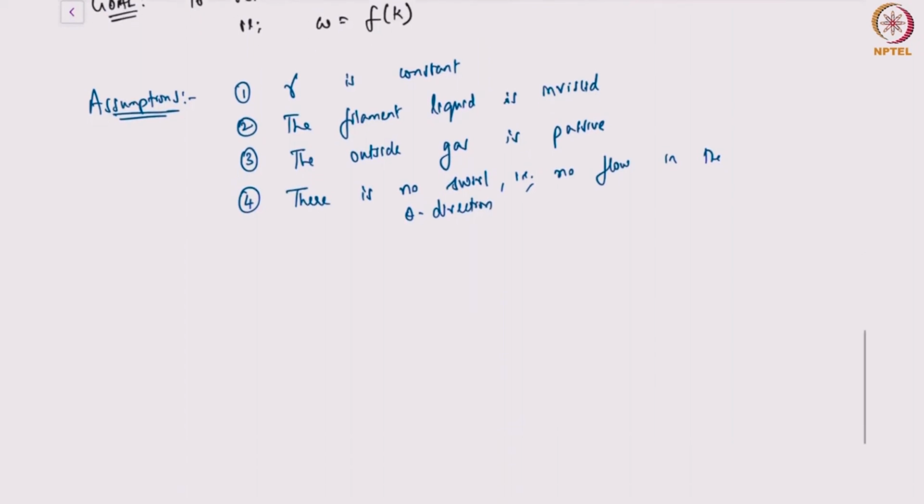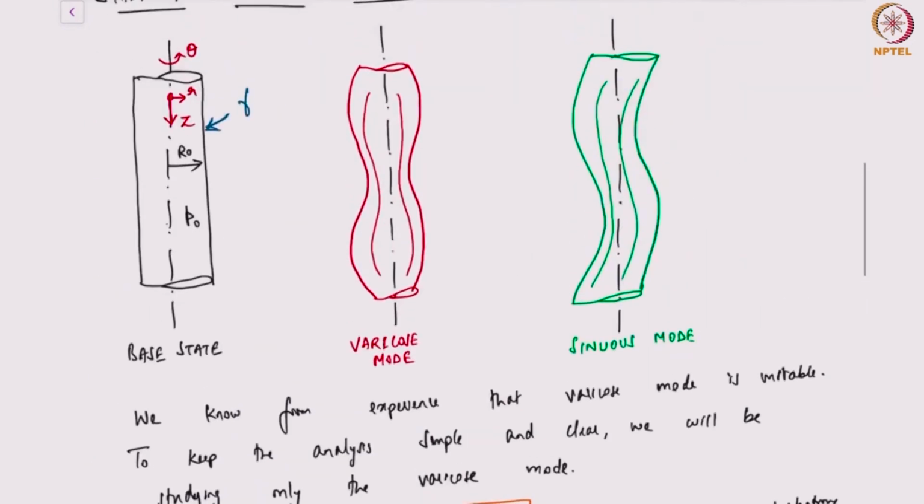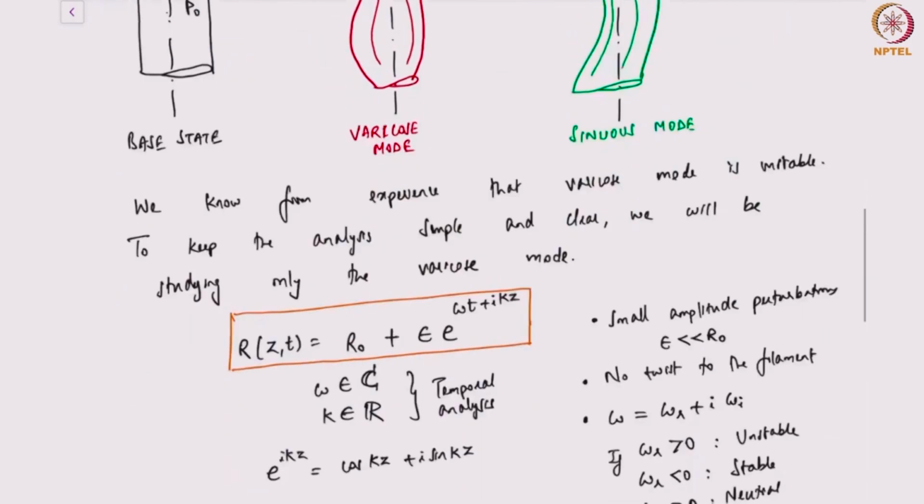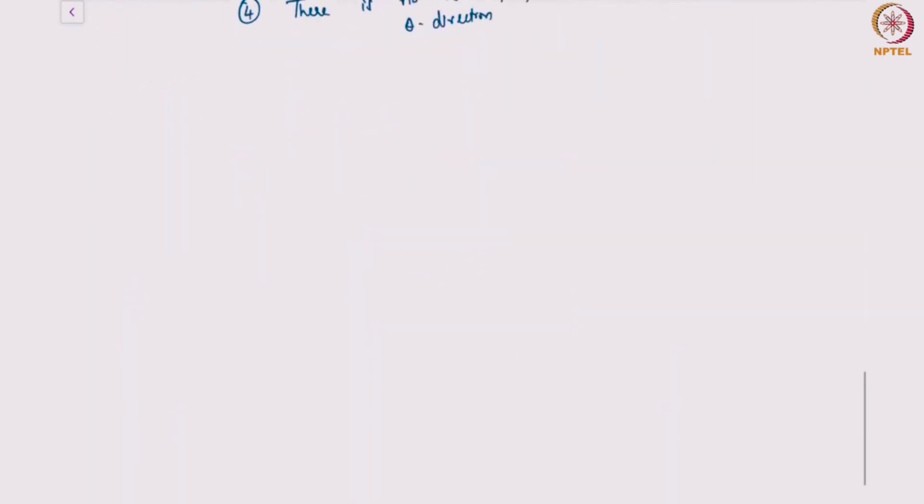So now that we have all these assumptions or constraints laid out, let's write down the governing equations. The coordinate system that we've chosen is cylindrical polar coordinates, so naturally we have to write down the equations in cylindrical polar coordinates. I'll quickly write it down.